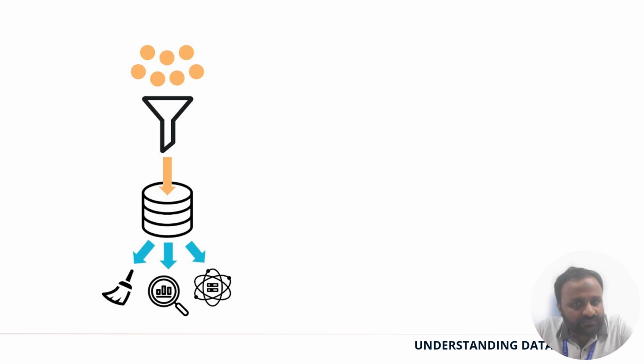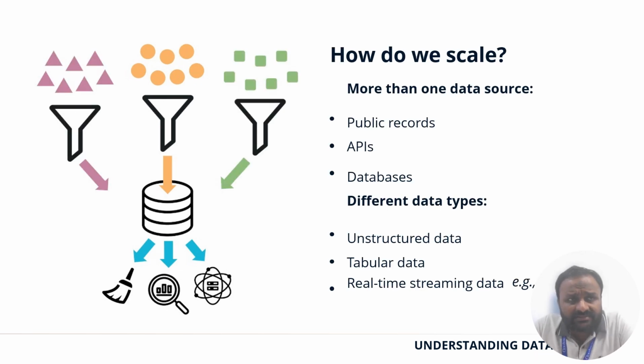Data engineers work to collect and store data so that others, like analysts and data scientists, can access data for their work, whether it is for visualizations or building machine learning models. But how do we scale this? Let's consider the different data sources you are already aware of.